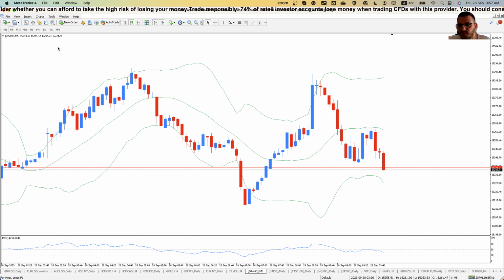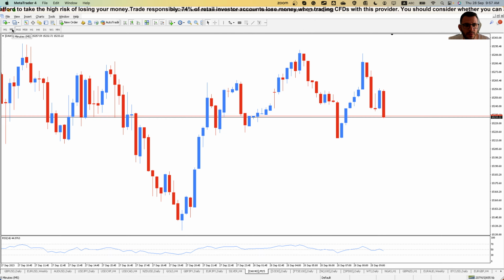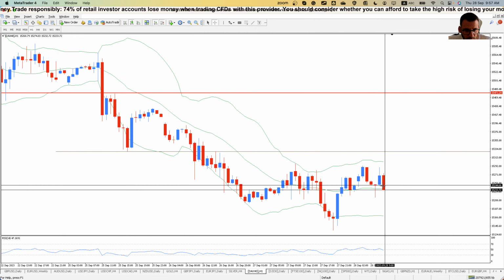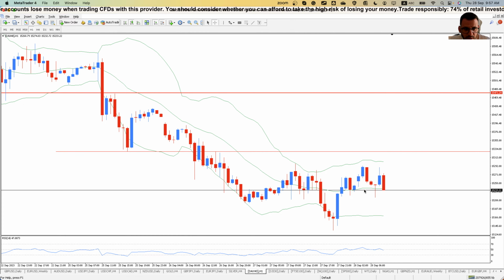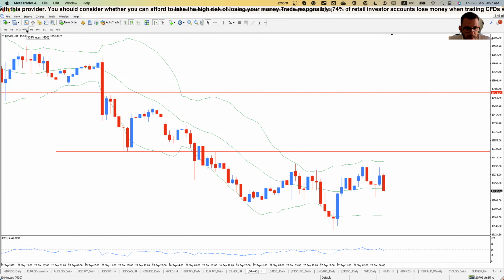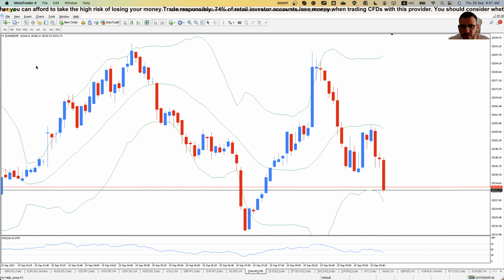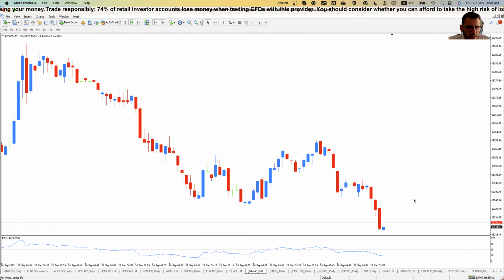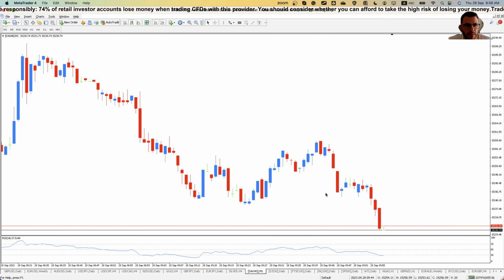Alrighty, so that's when things become a bit tricky. Price broke below the low of this previous hourly candle. So in this one here, guys, that's the 1-minute chart.